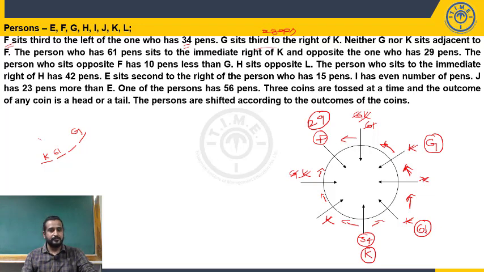The one who has 61 is 10 less than G. Because it is mentioned the person who sits opposite F has 10 less than G, G should be 71. X minus 10 will be equal to 61, it is mentioned. So automatically X will be equal to 71, which is nothing but G.